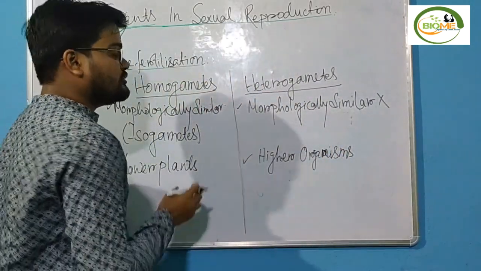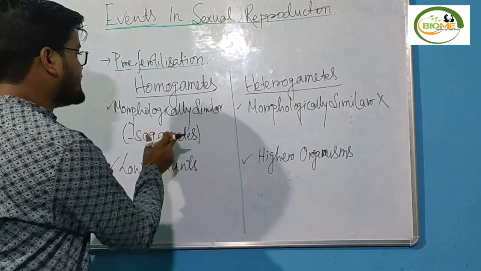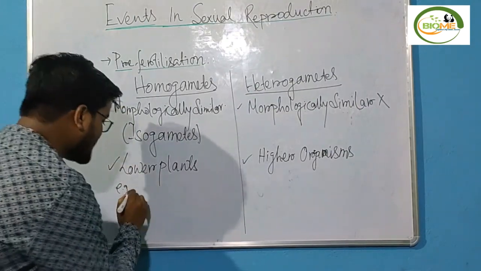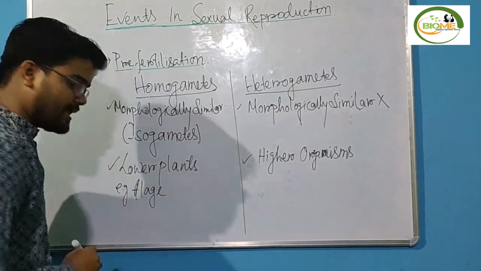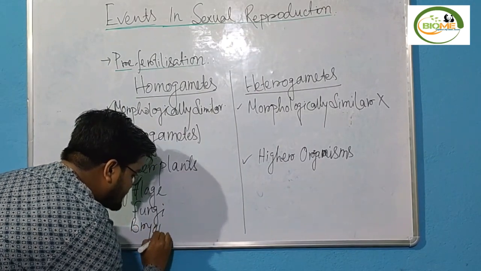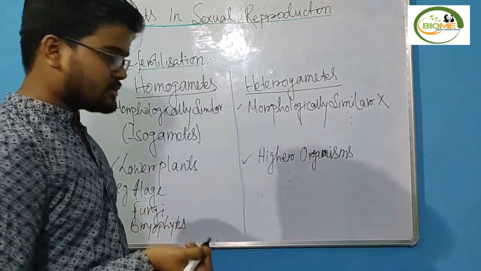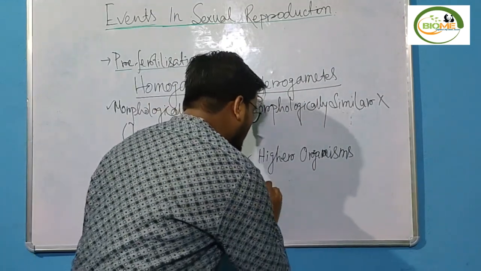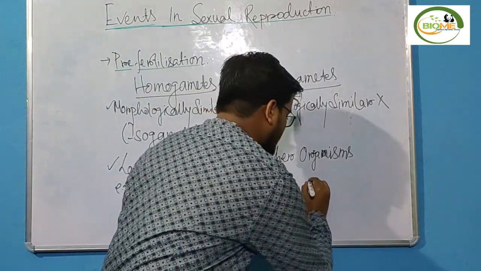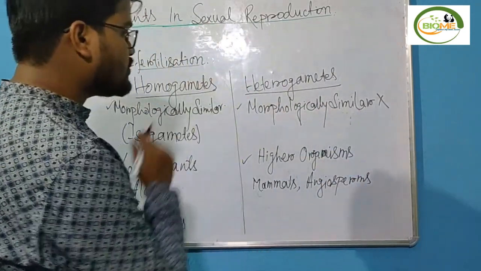If you think about abundance, heterogametes are more abundant compared to homogametes. Examples of homogametes are maximum algae, a few fungi, and bryophytes. Heterogametes are found in higher animals like most mammals, and in angiosperms.